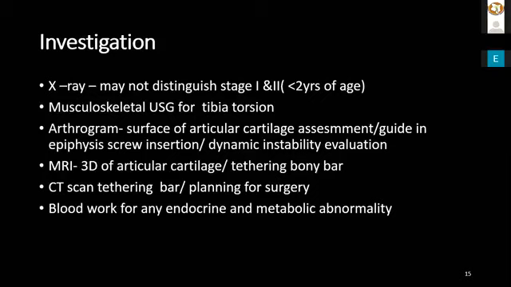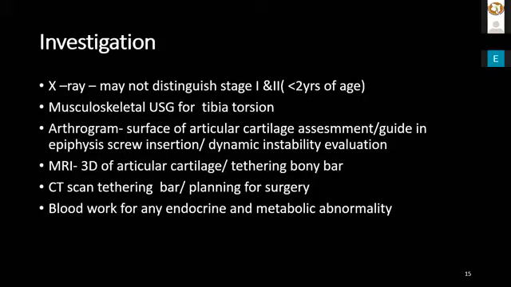On the X-ray, you may observe several things, which we shall discuss below. Musculoskeletal ultrasound is useful in assessing the tibial torsion, and you can also use it to assess the neck version. Arthrogram is necessary, first to assess the regularity of the joint, second it will show you the dynamic instability, and third it will guide you in the insertion of the screws.